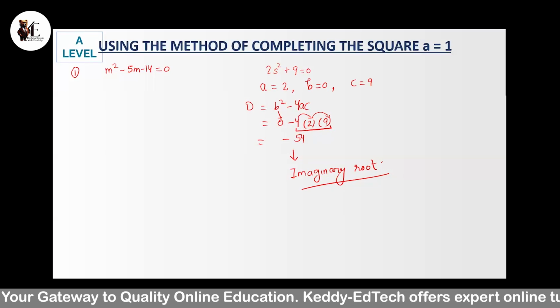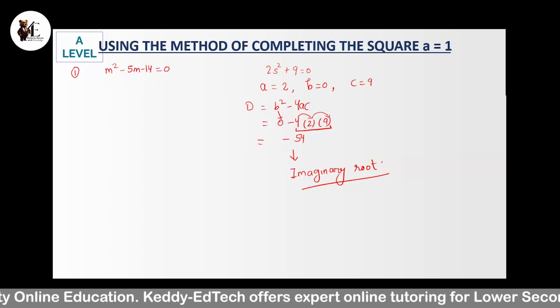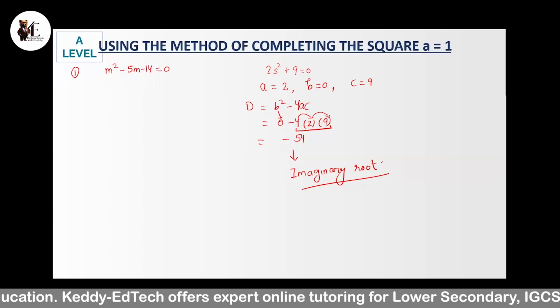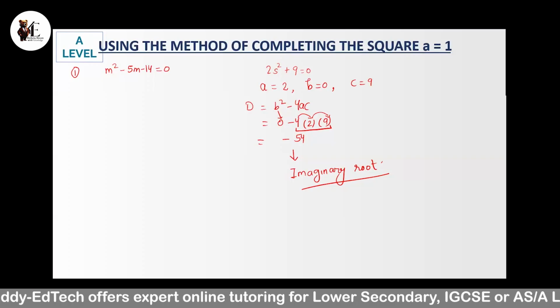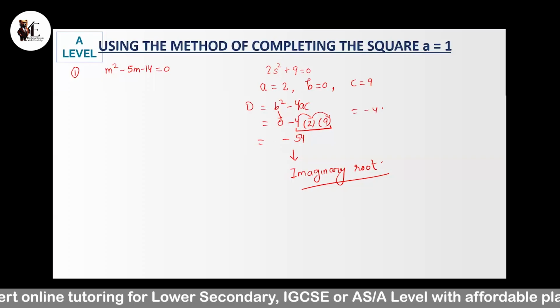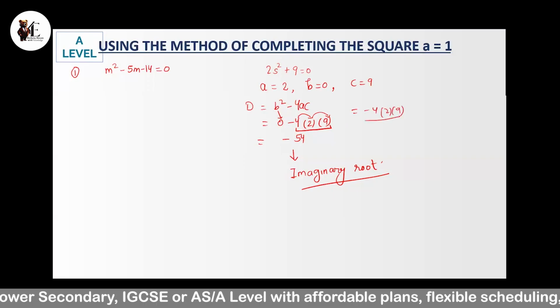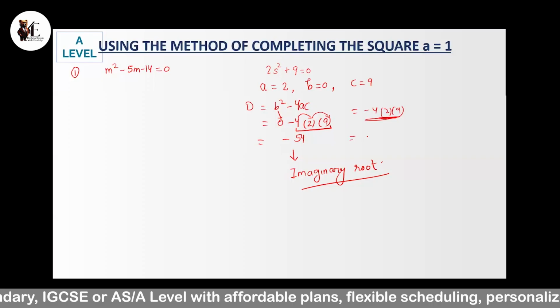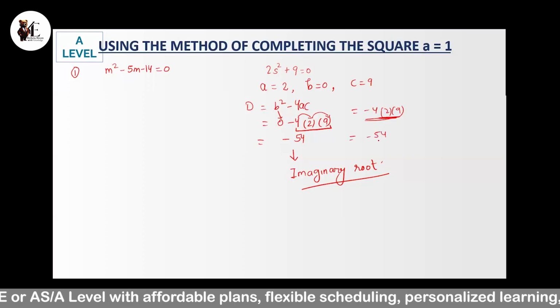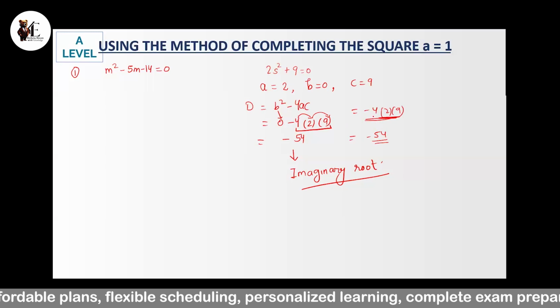I didn't do it the way you did. I said negative 4 times 2 times 9. Did it the wrong way. Okay. So yeah, negative 4, then 2, and then 9. You have to multiply all these 3 numbers. You will get a negative 54 only. Okay.